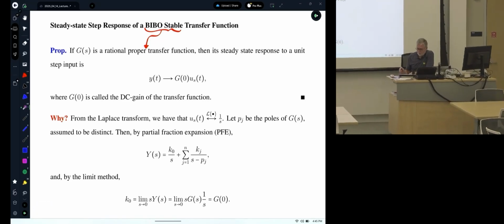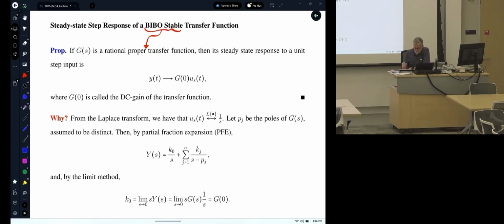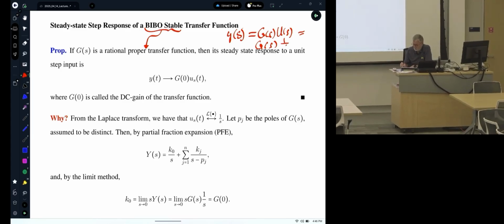So if we have a transfer function, and then we have Y of s equals G of s times an input, and then we choose that input to be a unit step, this is what we are faced with.